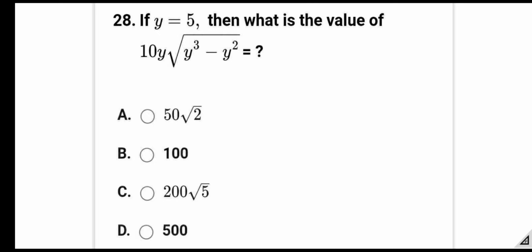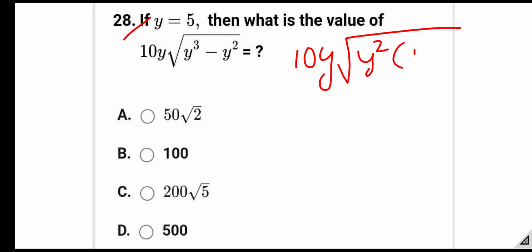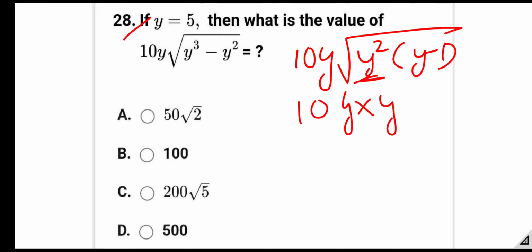Next, if y is equal to 5, then what is the value of 10y under root y cube minus y square? Now solve this. 10y, take y square common: y minus 1. Now y square, take y common outside, then y minus 1.